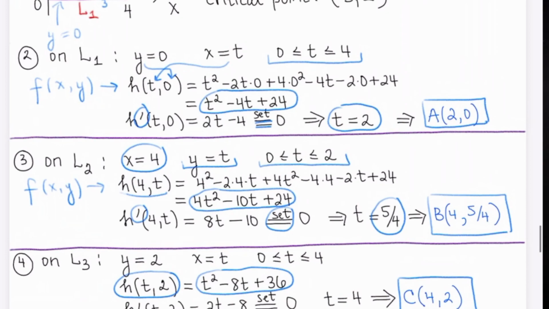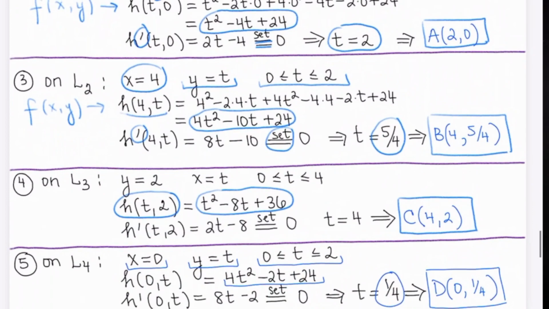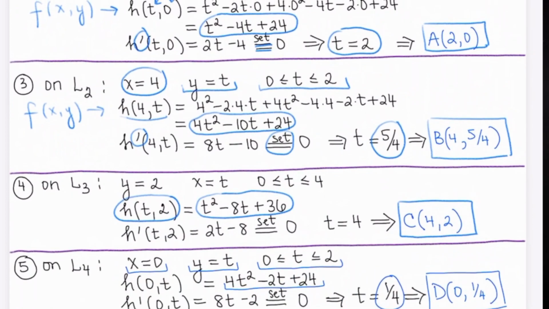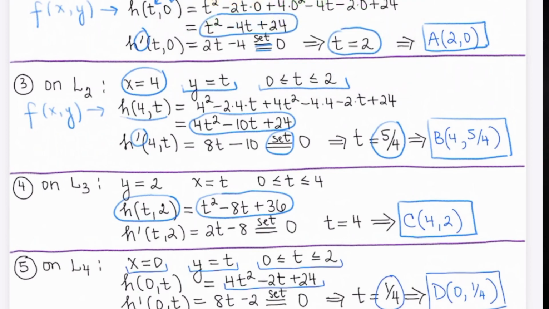Okay, so now let's take a look at all of these curves. I circled all of these functions. Let me go ahead and circle the last one. So that would be this one right here. Okay, all of these functions are quadratic with a positive leading coefficient, right? The coefficient that goes with t squared.